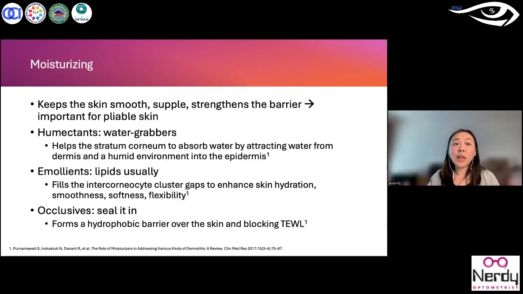Emollients fill in any of the gaps between the corneocytes, boosting skin hydration, smoothness and flexibility of the skin. And then we have occlusives, which form a hydrophobic barrier over the skin and block any evaporation of water away from the skin's surface. So really what we're doing with moisturising is improving the skin barrier function and boosting the hydration of the skin to maintain that pliable skin that we really want.